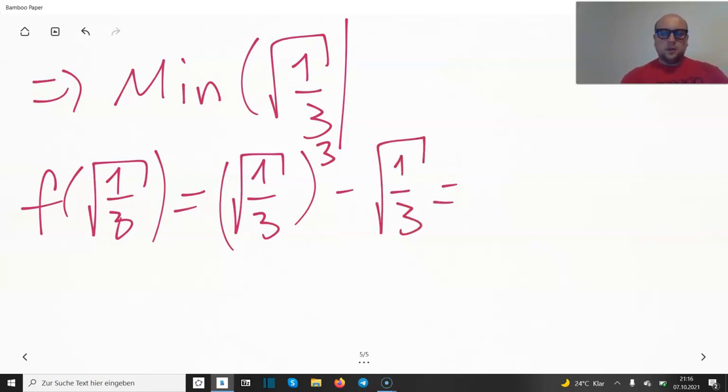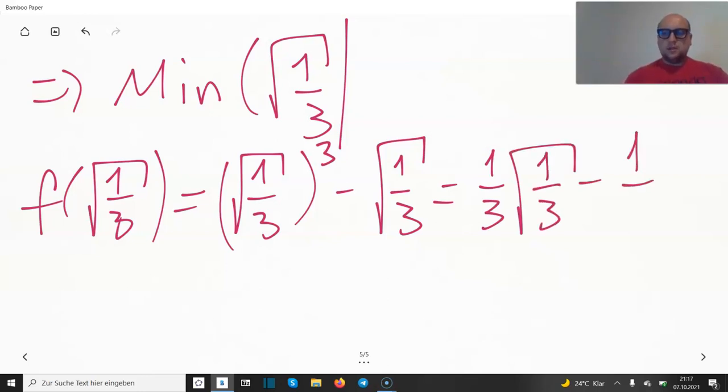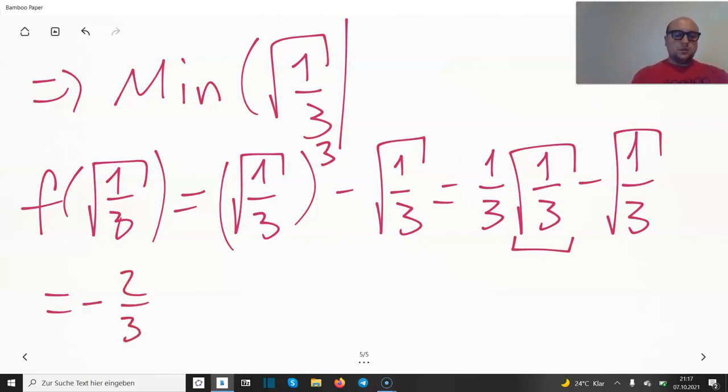And if you're familiar with algebra a little bit, you see we just have a third times the square root of a third, minus the square root of a third. So we have the square root of a third times (a third minus 1), so that means we got minus 2/3 square root of a third. So this is what we have here.